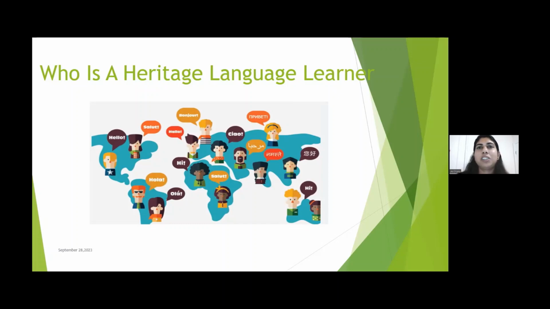So when we say students, these are those who have been exposed to a particular language in childhood, but did not learn it to its full capacity because another language became dominant. Like in Canada, when kids are 5 or 6 years old and were born and brought up here, until 5 or 6 they are very good with their heritage language because they have very limited exposure to English, which slowly becomes dominant.